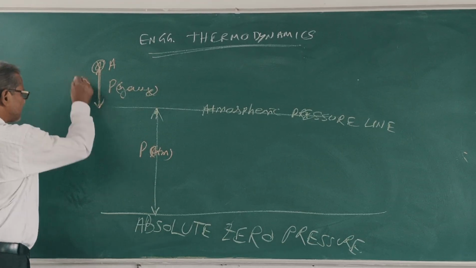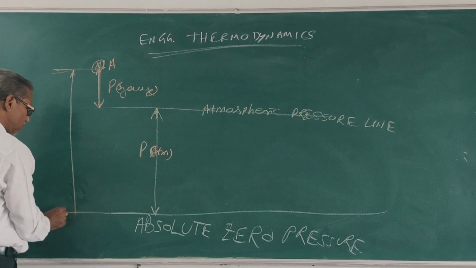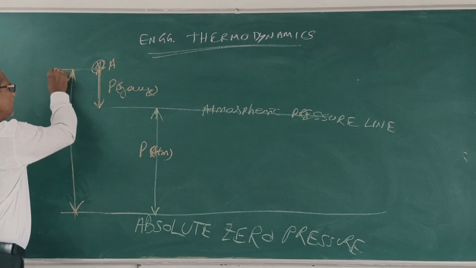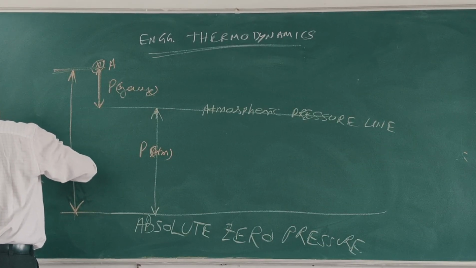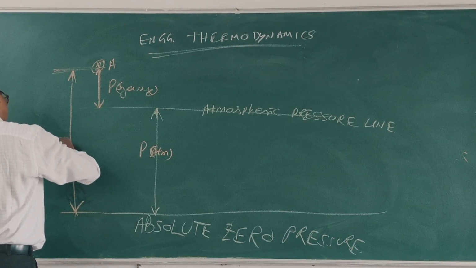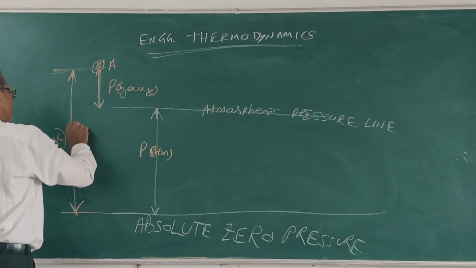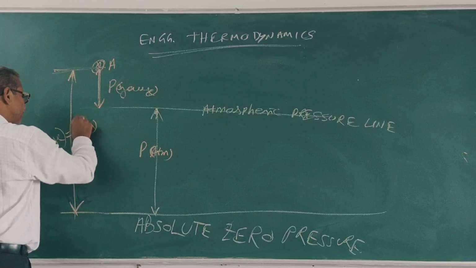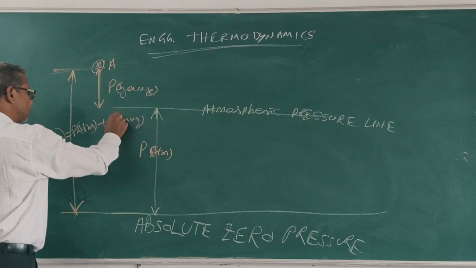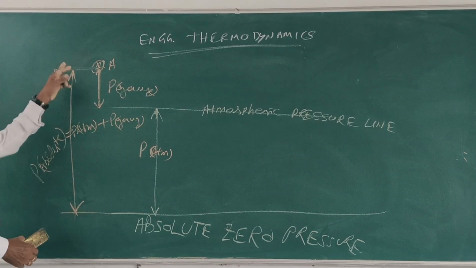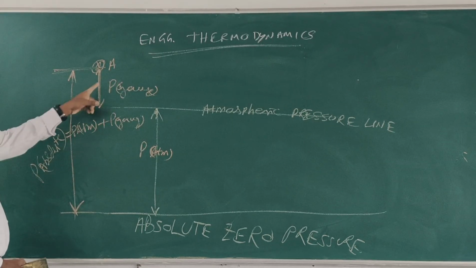So this is P absolute, that is, P atmospheric plus P gauge. This pressure is P atmospheric plus P gauge. This is P absolute at A.